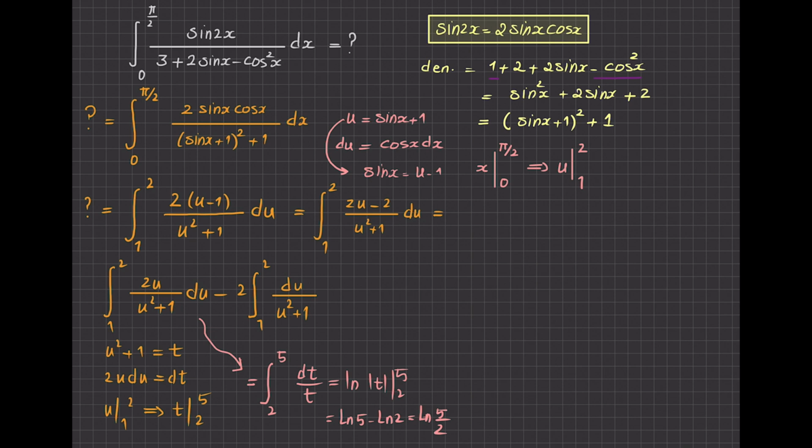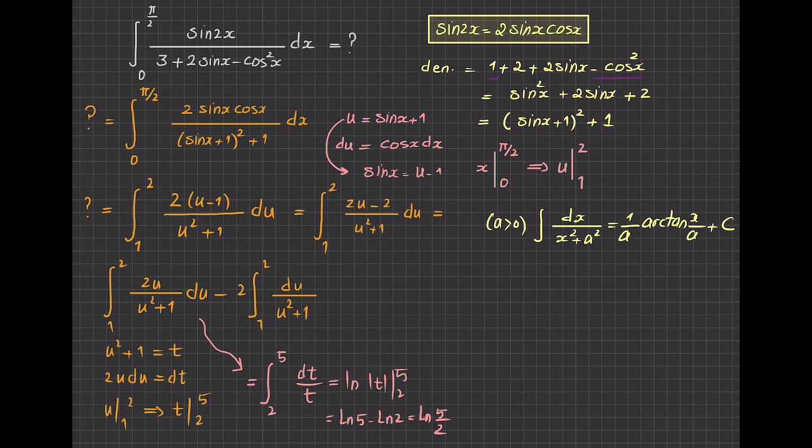For the second part, let me remind you of another formula. If we have the integral of dx over x squared plus a squared, of course if a is positive, the answer is a very famous integral: 1 over a arctangent of x over a plus, of course, a constant c. If you compare this formula with what we have here, u is playing the role of x, and 1 can be imagined as 1 squared, so a is actually 1 in this problem.